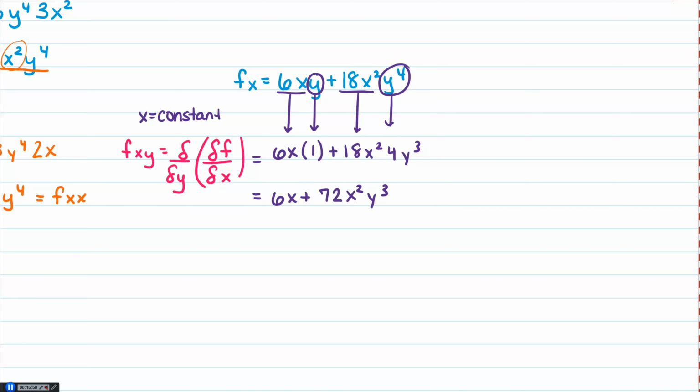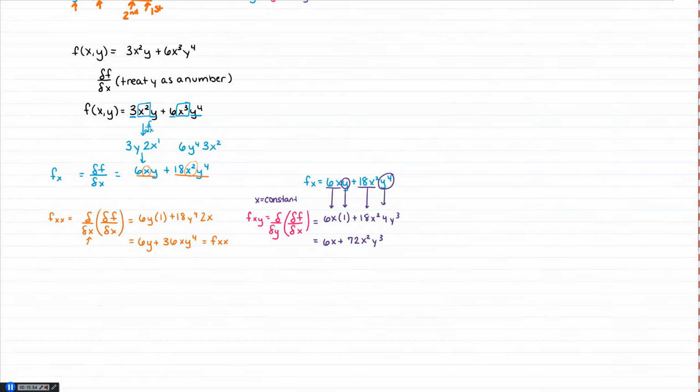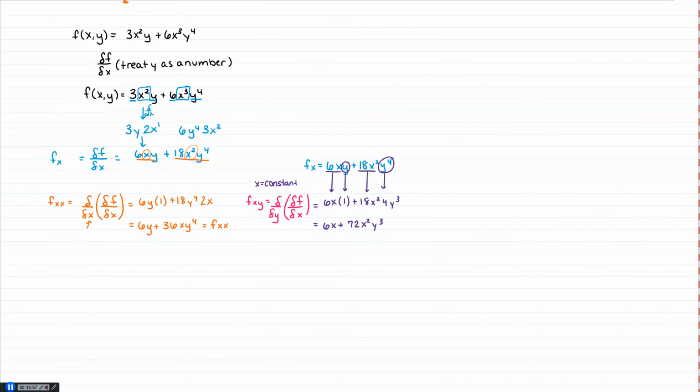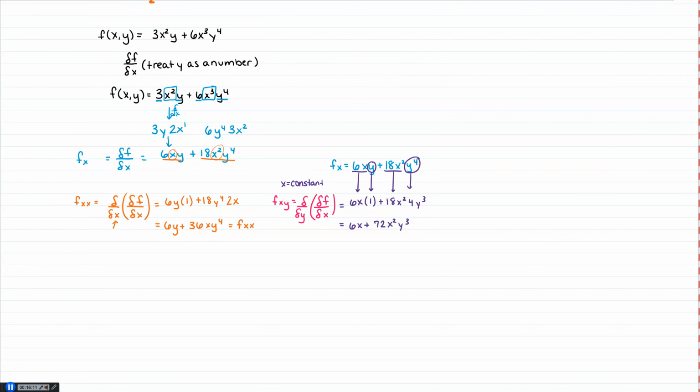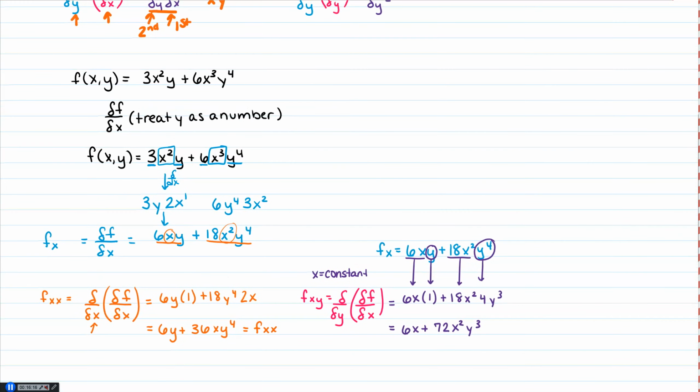So now we could do this again and start with the partial with respect to y, where again, we keep our x as a constant, and we take the derivative with respect to y. So again, let me just give you this very quick basic example before I give you the longer example.